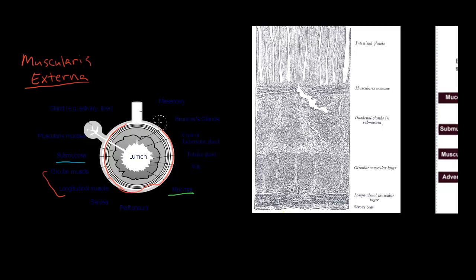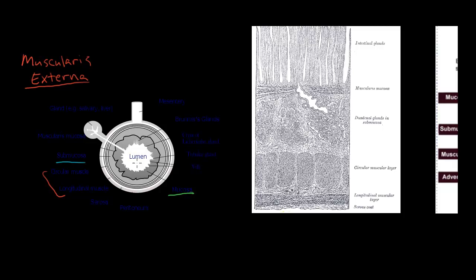So now that we've got those out of the way, let's talk about the GI wall. When we're dealing with a cavity in the human body, the cavity is the most proximal, and as we move out, we're moving distally.